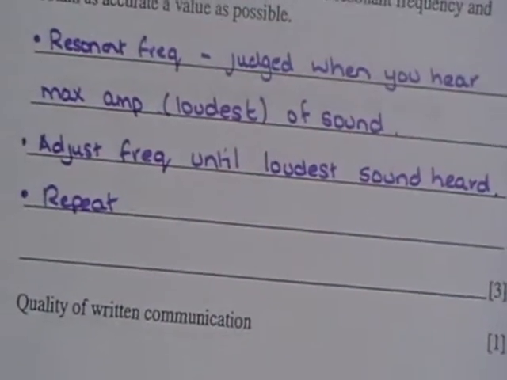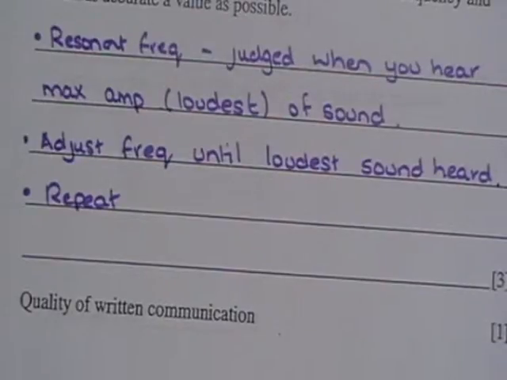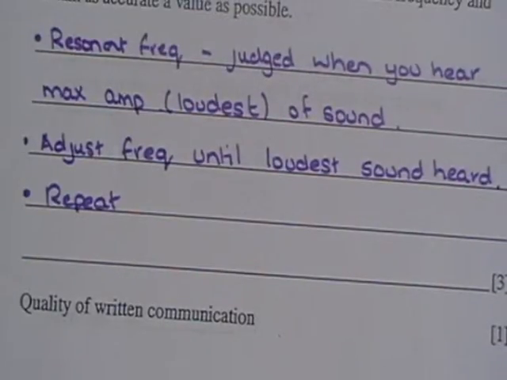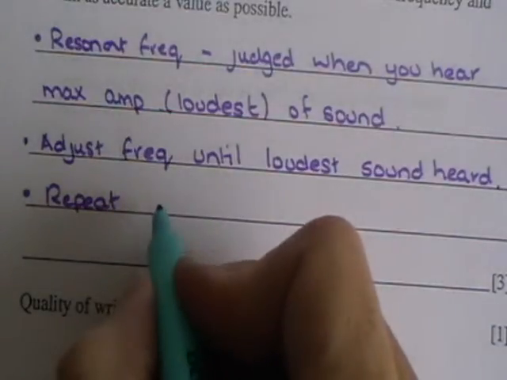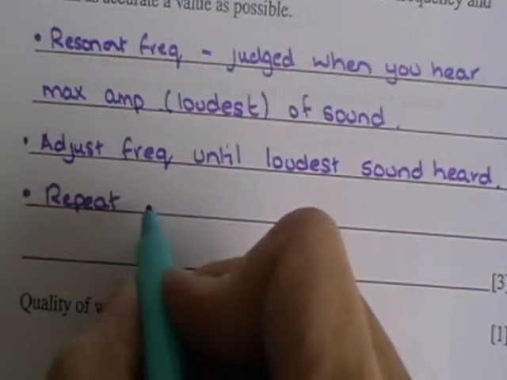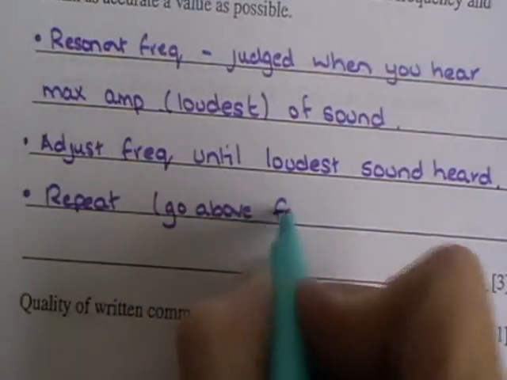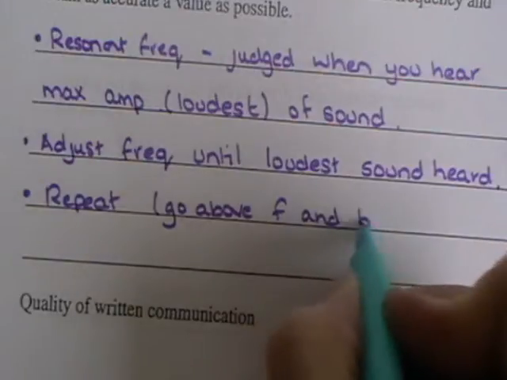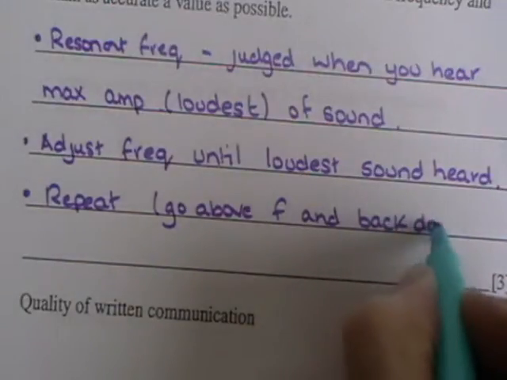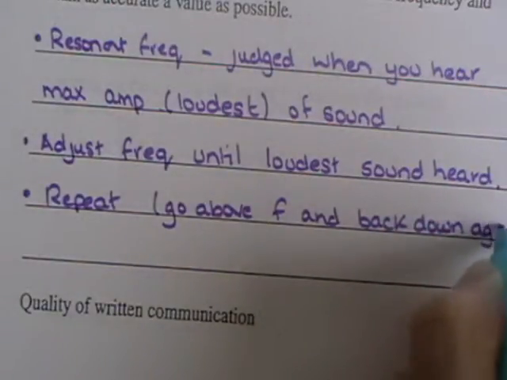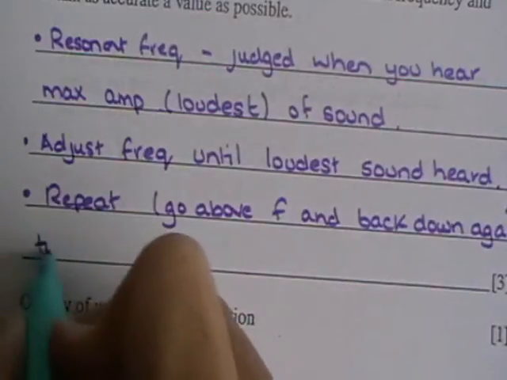And very often what they say then is to go up past the frequency you think it is and come back down again. And you might find that that's definitely the frequency that you think. Go above f and back down again, to check.